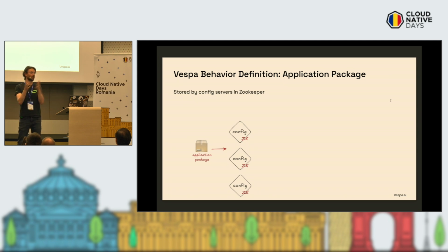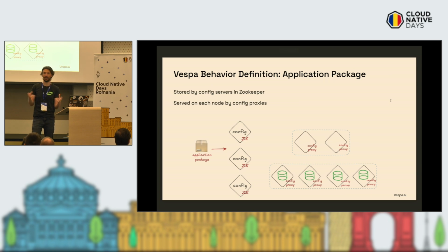We deploy the application package to the config servers. They store those files in Zookeeper, which is typically embedded, but it doesn't have to be. And then every other node in the cluster will have another process called the config proxy. So the config proxy syncs up, at least by default, it may not, with the config server, fetches the configuration, and says, okay, you're supposed to do this.